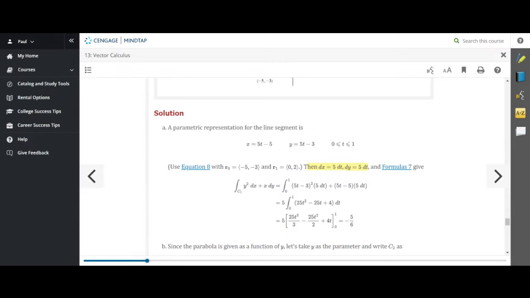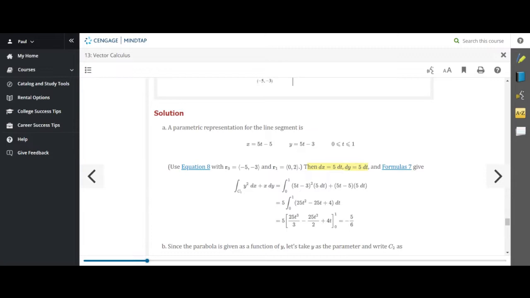Y is equal to 5t minus 3, so dy/dt equals 5, so dy equals 5 dt. So you have your dx and you have your dy, and I want to comment here.